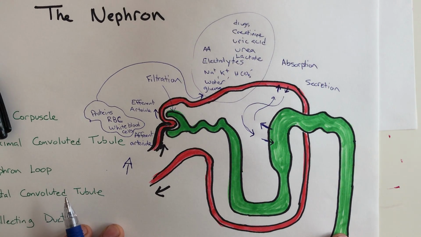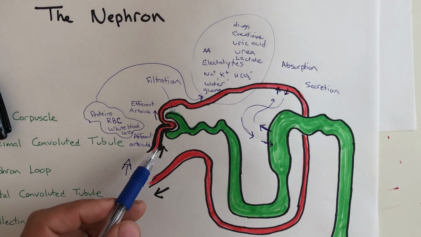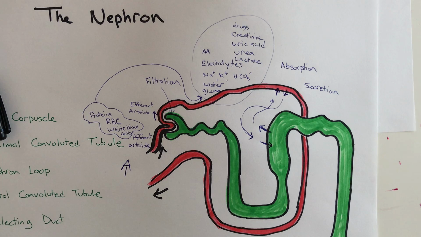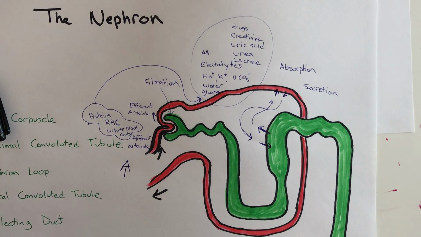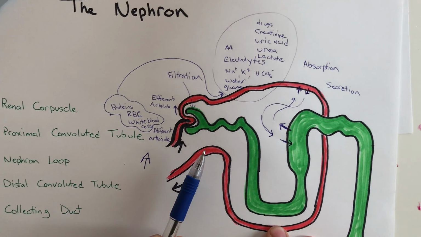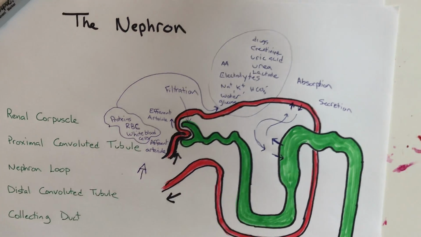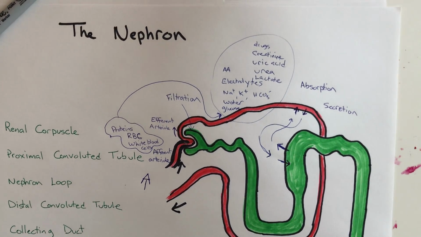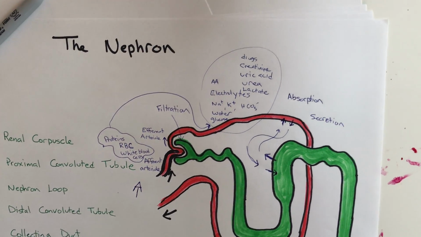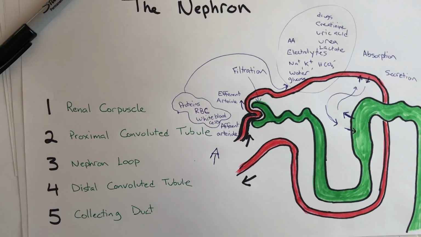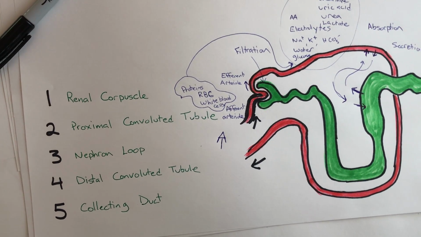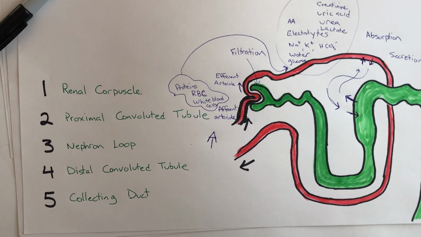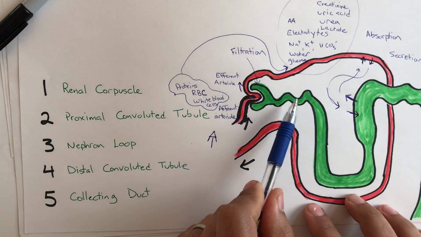Okay, next we have to understand what goes in and out at each of these different parts. Do you remember the 5 parts? We have the renal corpuscle. That's right here. We have the proximal convoluted tubule, which is right here.